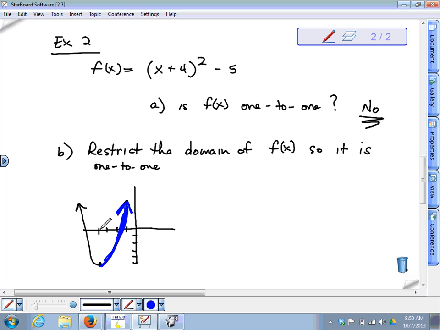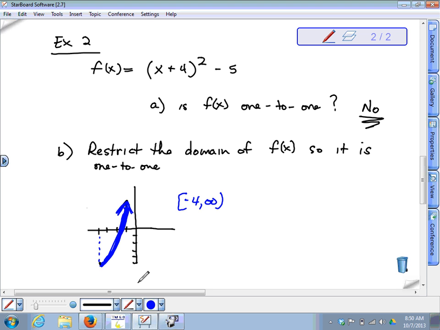Which x value would I want to start with to only graph the right half? Say that again? Negative 4. If we restricted the domain from negative 4 to infinity, wouldn't we have to get rid of the whole left half of that parabola? You guys follow me here? Now, couldn't we have started maybe negative 6 or negative 7? Why did it have to be at negative 4?